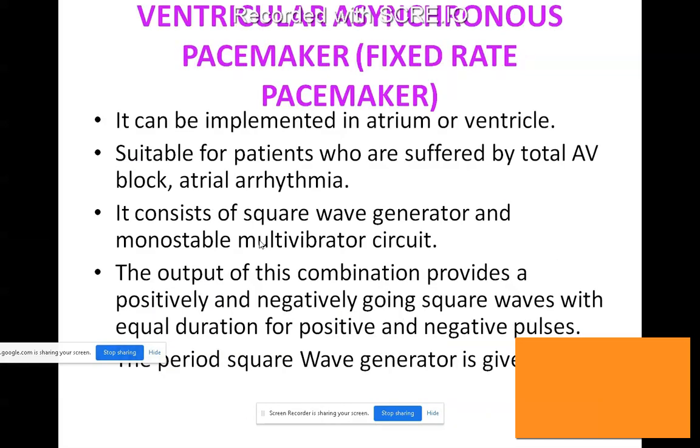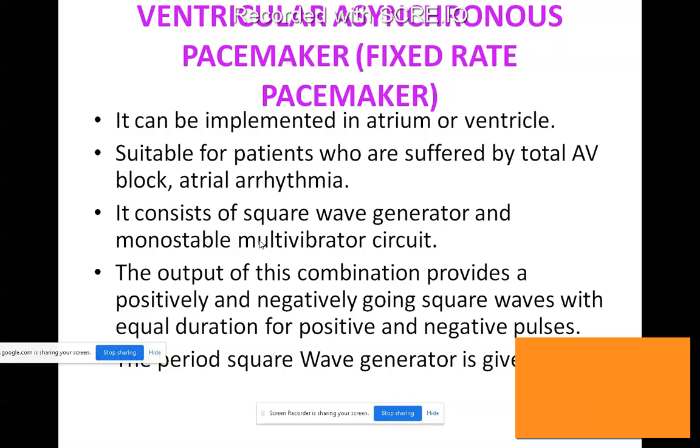Here the pacemaker is going to be implemented in the atrium or ventricle. You can use atrium mode or ventricular pacing. It is suitable for patients who suffer from total AV block. What is AV? Atrioventricular block.